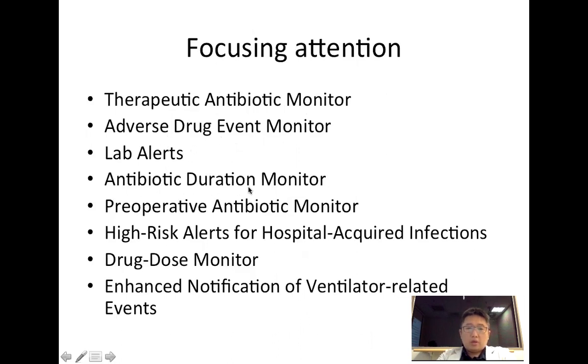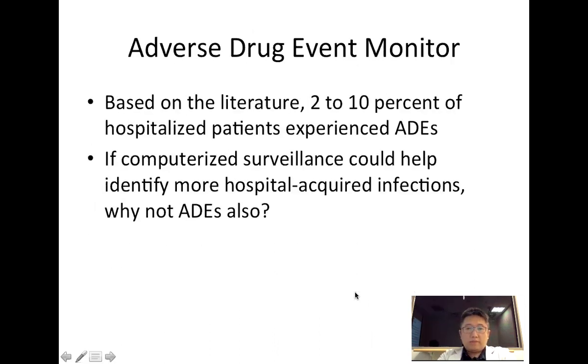I think those are common things in the current HIT system. And a preoperative antibiotic monitor, a high-risk drug dose monitor, or enhanced notification of ventilator-related events. Later we will discuss this one a little bit.